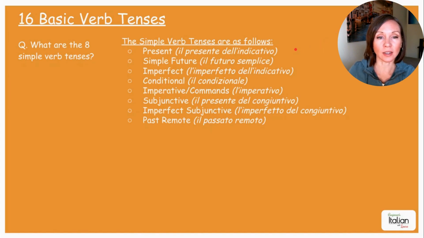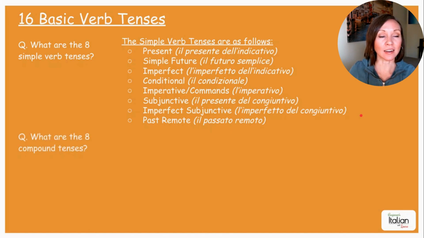We have the present, il presente dell'indicativo, the simple future, il futuro semplice, the imperfect, l'imperfetto dell'indicativo, the conditional, il condizionale, the imperative or commands, l'imperativo, the subjunctive, il presente del congiuntivo, the imperfect subjunctive, l'imperfetto del congiuntivo, and finally the past remote, or il passato remoto.